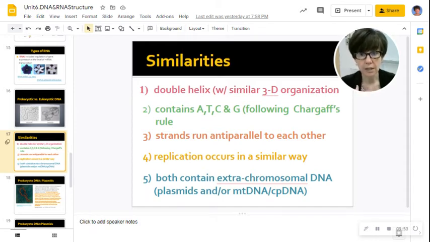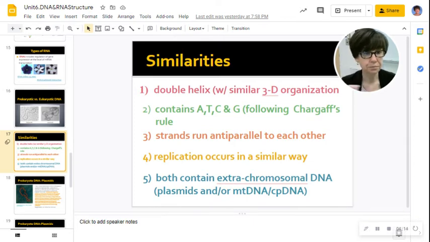And in eukaryotic cells, the extra chromosomal DNA would be in the mitochondria and or in the chloroplasts if you're a plant cell.